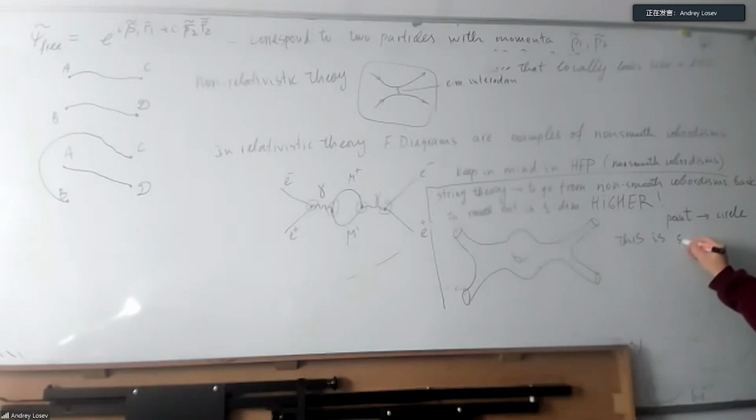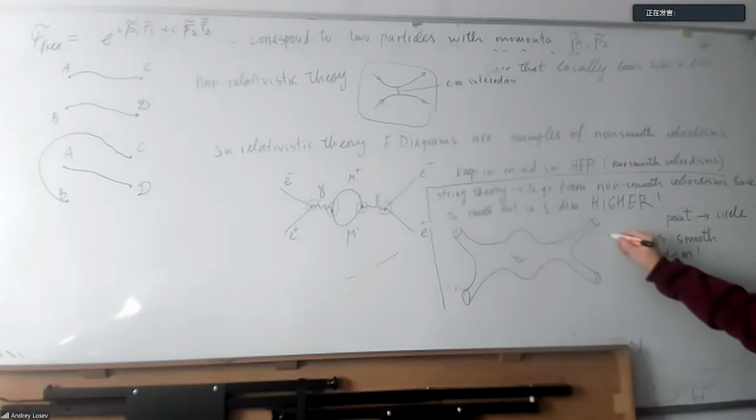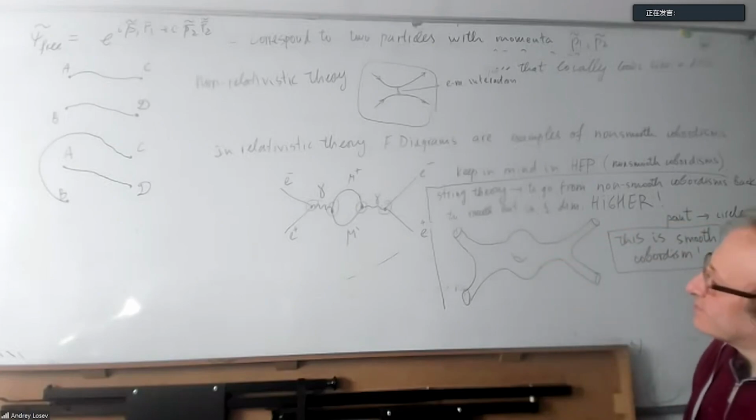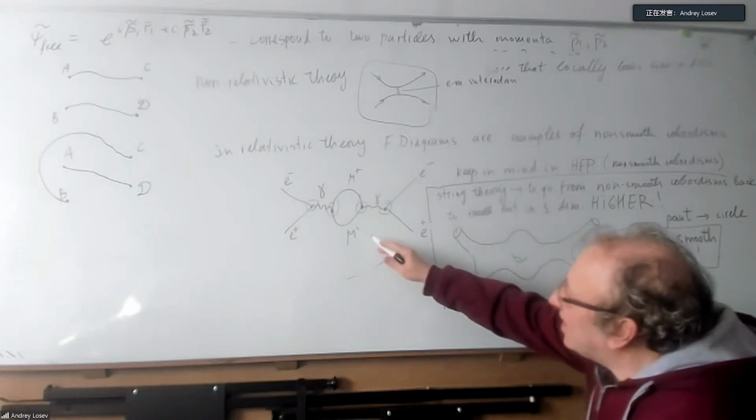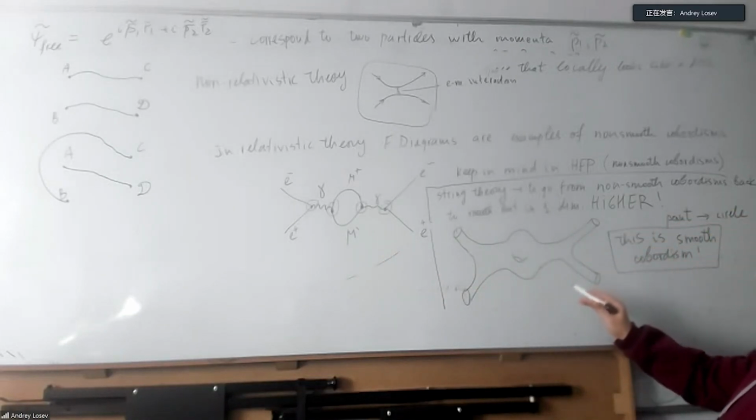This is smooth covariance. So how can I see this Feynman diagram in this string diagram?